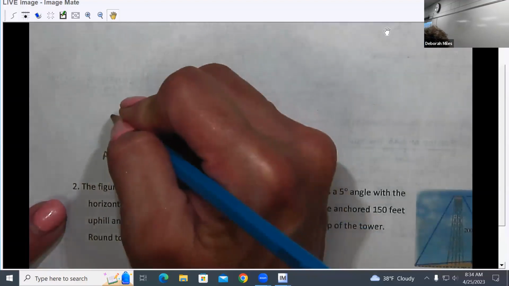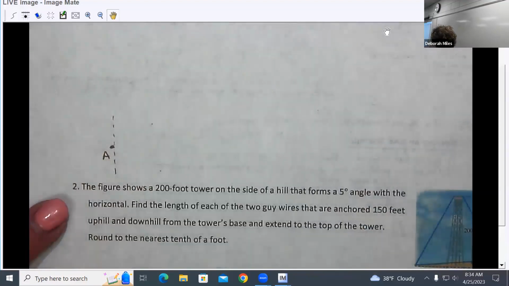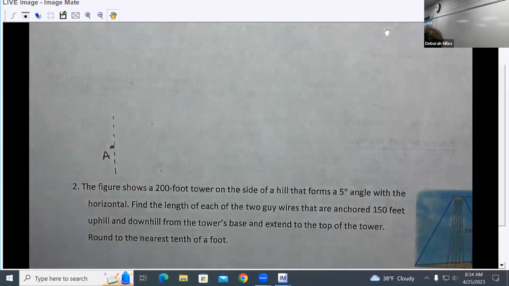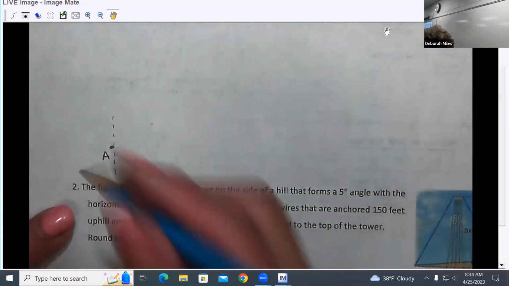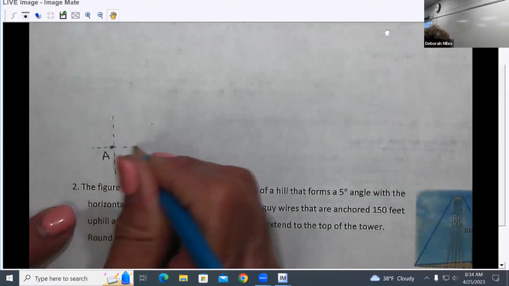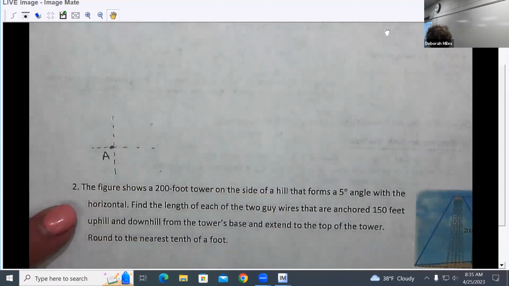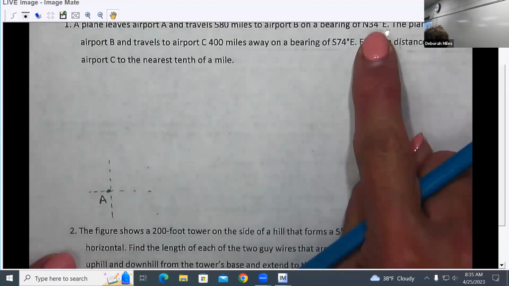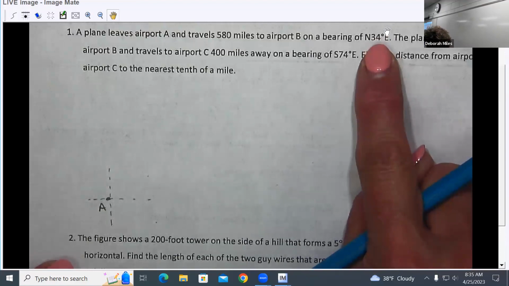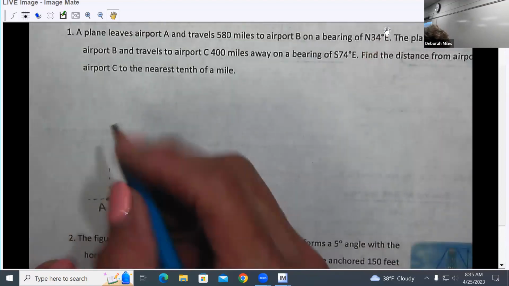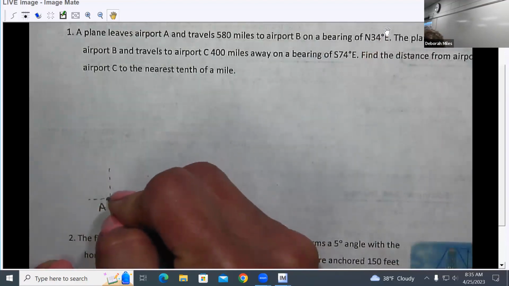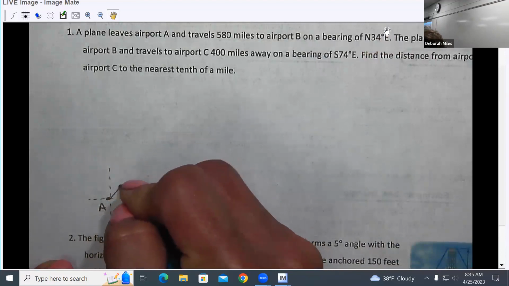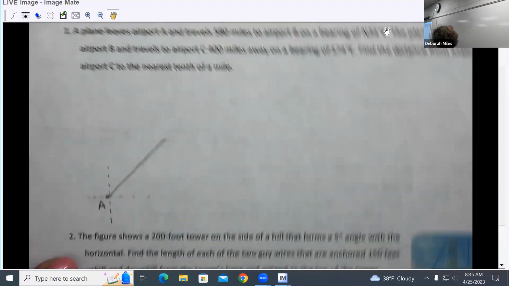And here's my little north-south line through airport A. And here's my east-west line. That 34 degrees east of north means 34 degrees to the right of that north-south line.